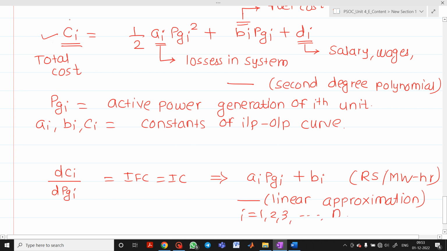Now the fuel cost is a major component, and whatever remaining things there are, that is losses, salary and wages, etc., are a very small percentage compared to your fuel cost. Therefore the IFC, or incremental fuel cost, is very significant in the economic loading of a generating unit.